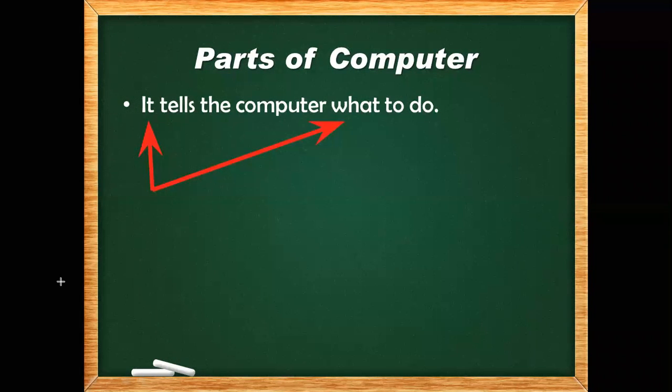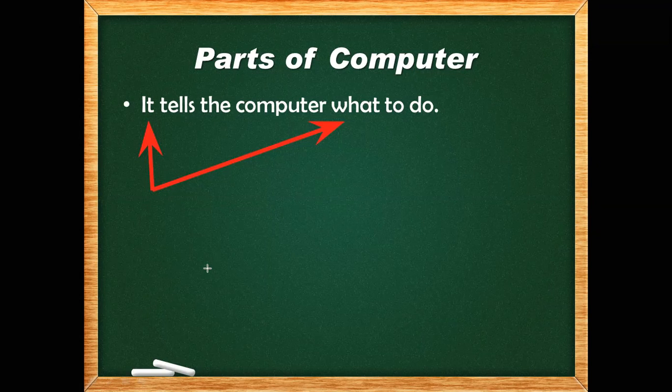Ammar, can you tell me what is the brain of the computer? It's a CPU. Very good. So Abdul Rahman also sent the answer in the chat. Very good, Abdul Rahman.